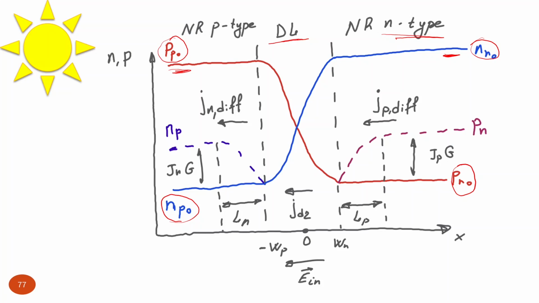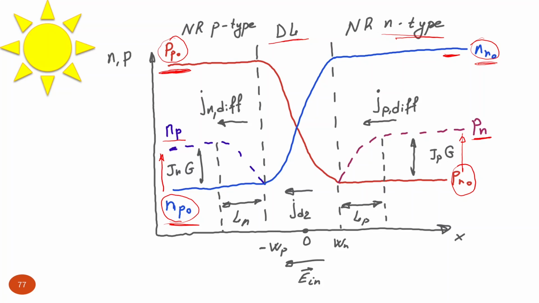We don't change the majority charge carrier concentration much. These remain pretty much constant because their concentration is already very high, but we significantly increase the minority charge carrier concentration. So it goes from equilibrium n_p0 to non-equilibrium n_p, and p_n0 to non-equilibrium p_n.